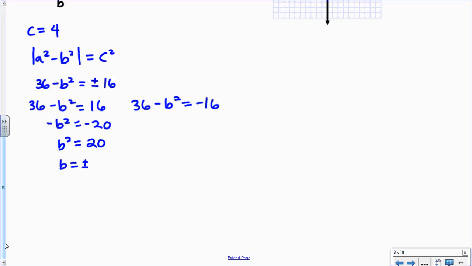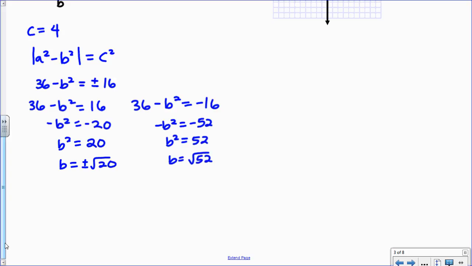B is technically plus or minus square root of 20. But b is a distance, so we'll just use the positive square root of 20. Okay, over here, you get negative b squared equals negative 52. So b squared equals 52. B is square root of 52.